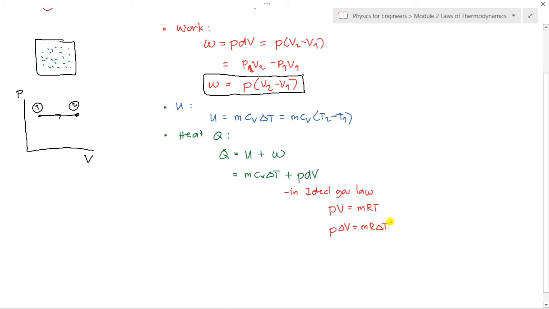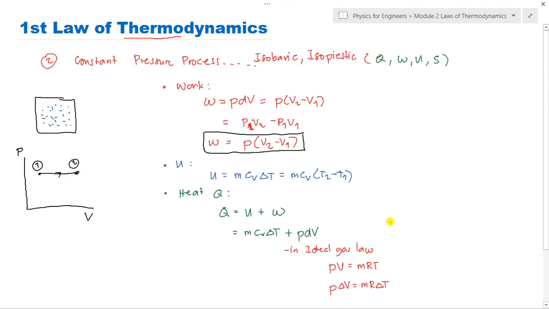In the constant pressure process, if we apply this for gases, we have the relationship V1 over T1 equals V2 over T2. But this can only be applied for gases.